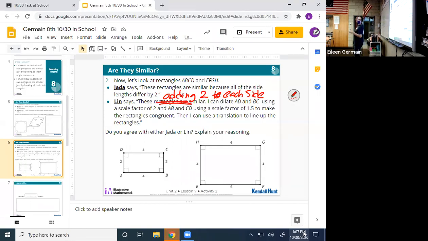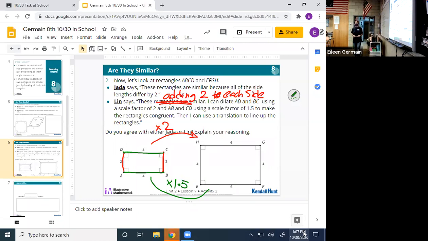And then Lynn is saying that these rectangles are similar. I can dilate AD and BC by 2 to get those side lengths. And then I can dilate CD and AB by a scale factor of 1.5 to get it to those matching corresponding sides on the new image.